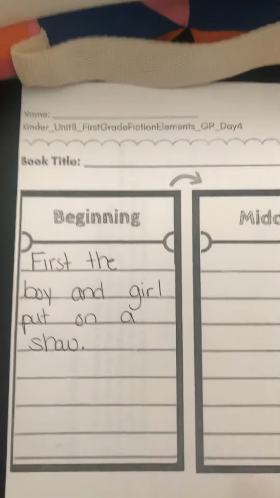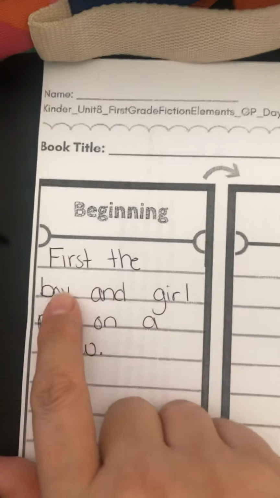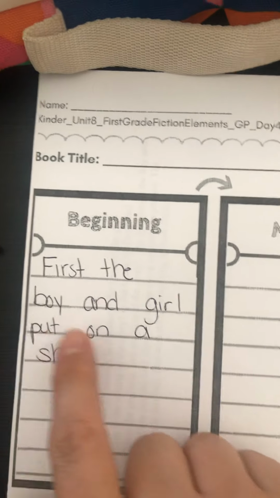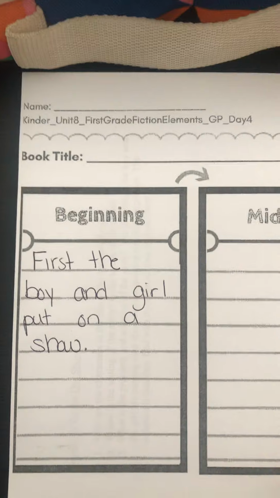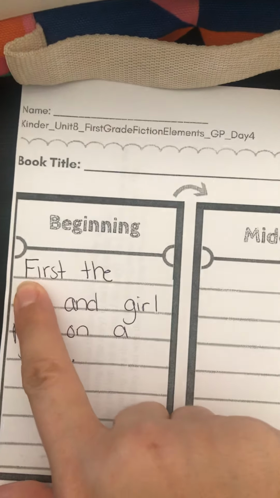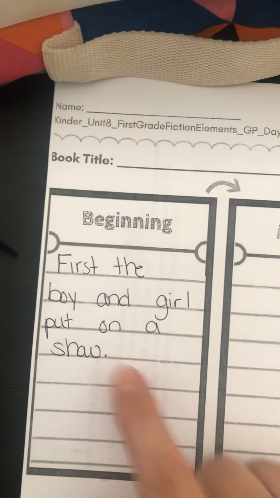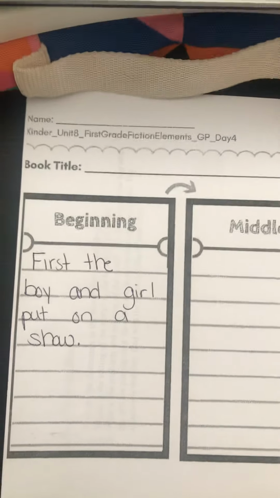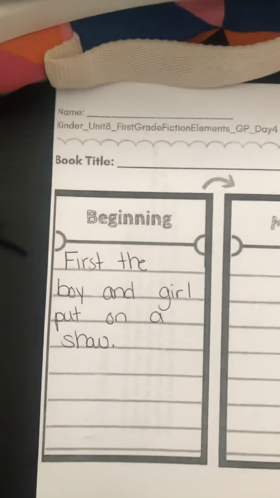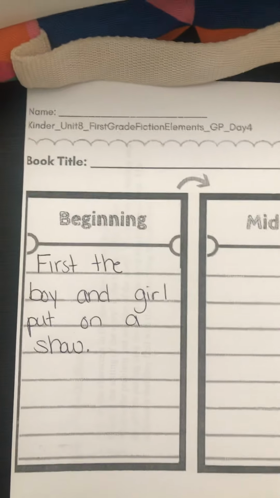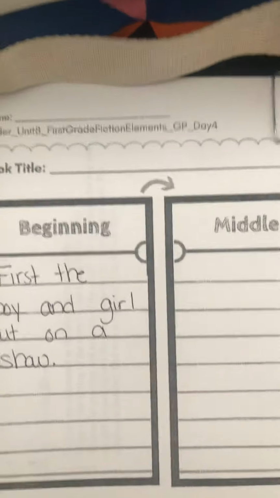All right, so you see in the beginning, we have first, the boy and girl put on a show. Remember your finger spaces as you write, scholars, a capital to start our sentence, and a period to know we've ended it. Now, you may not need what Ms. T wrote. You may be able to sound out these words on your own. Feel free to try that and challenge yourself as well.